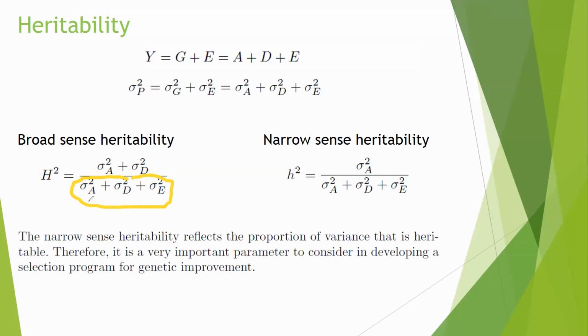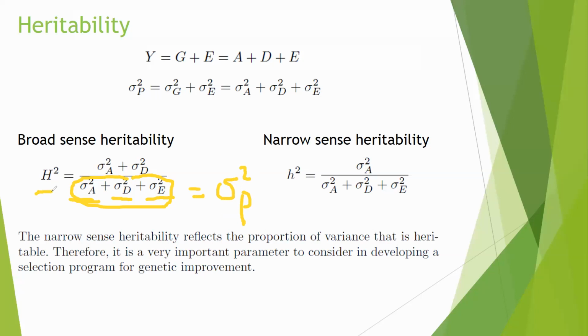So the total phenotypic variation consists of the variation due to the breeding value, the additive part, the non-additive part, which is the dominance deviation, and the environmental part. Okay. And these three add up to the total variance observed in the phenotypes.